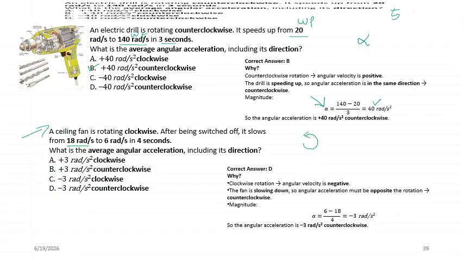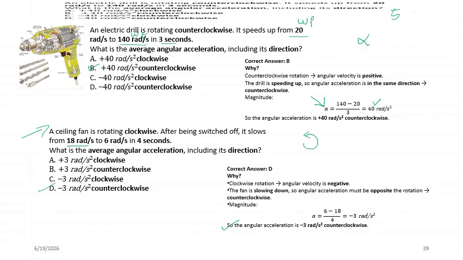So negative indicates counterclockwise. Because it is slowing down, we will have minus 3 counterclockwise. Even though it is rotating clockwise, it is slowing down, so the acceleration is considered to be in the opposite direction. So minus 3 counterclockwise will be considered the correct answer.